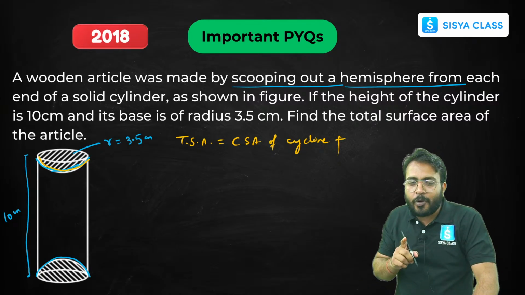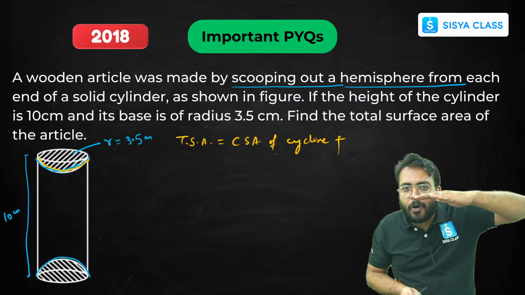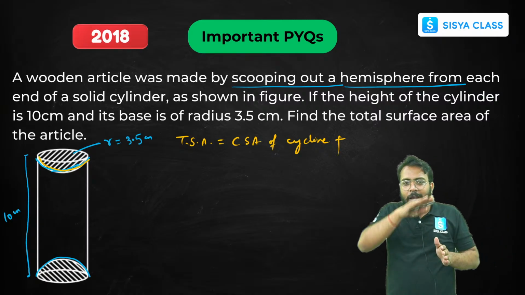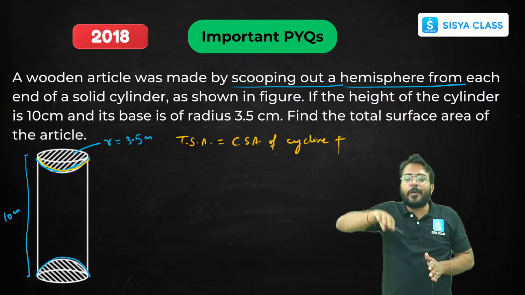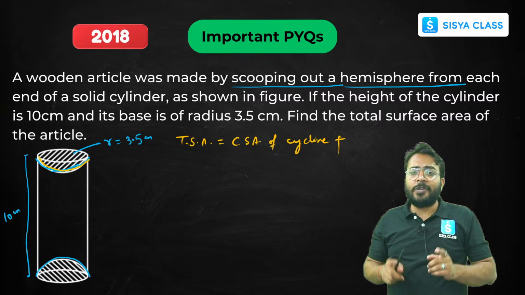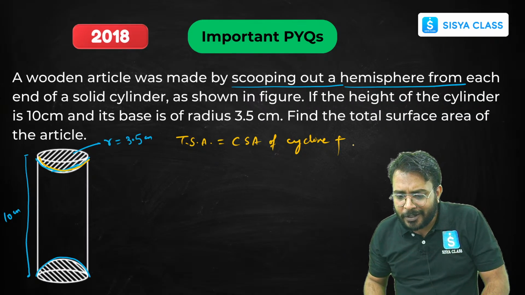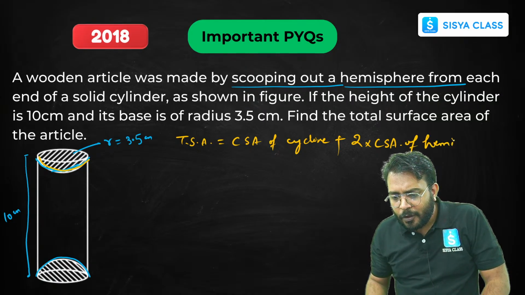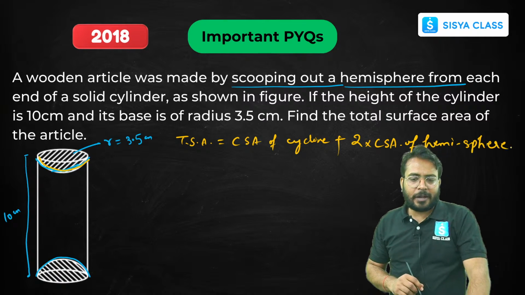The top and bottom areas are the same, yes or no? Because they are in the same shape. In the top we have a scoop in the form of a hemisphere, in the bottom also, and that's why it is going to be twice the curved surface area of a hemisphere. We can write like this, yes or no?